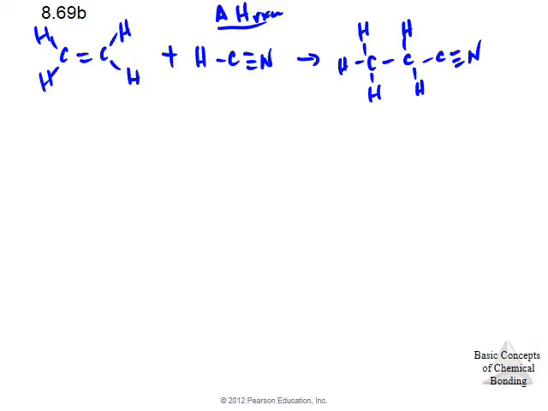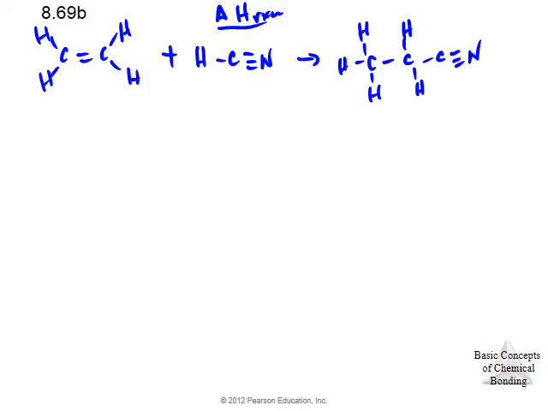Before that, let me find out which bond I need to break on the reactant side. Focus on the reactant side. Question is, do I need to break C double bond C? How do I understand that? Look at the product side. Is there any C double bond C on the product side?